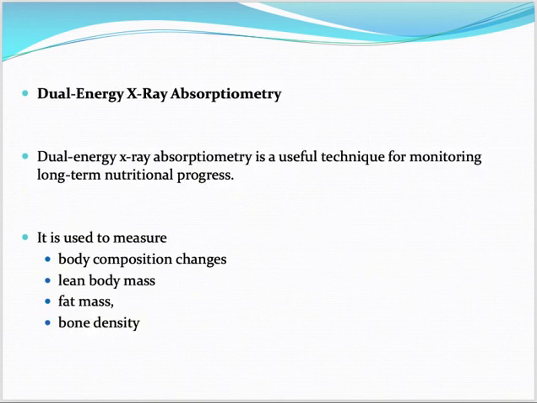Then there is dual energy X-ray absorptiometry. Again, this is one of the techniques by which we can monitor nutritional progress in the long term. What does this one do? It is used to measure body composition changes: the lean body mass, the fat mass, and the bone density.